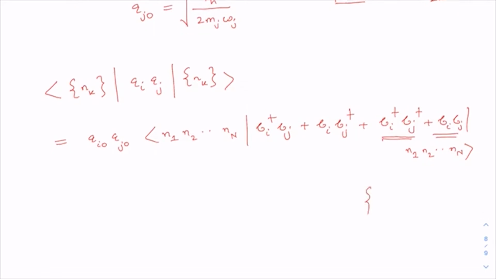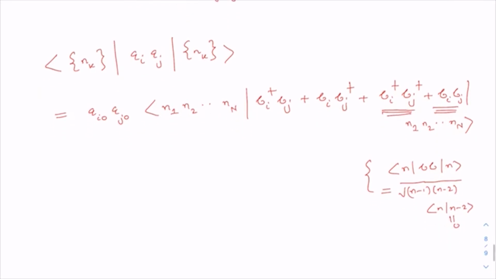Just recall to understand it, we can calculate, say, n b b or n b dagger b dagger. Then your simple calculation will give you n minus 1 times n minus 2, and you will have the state n minus 2, and these are orthogonal, so this would be 0. So these two contributions would not be there.